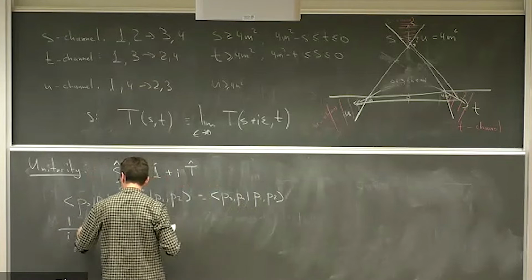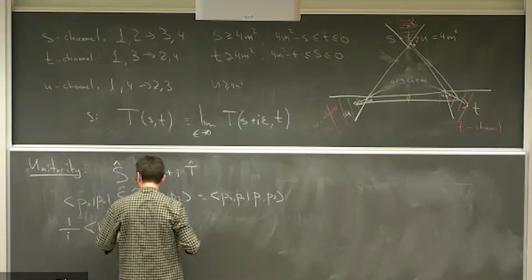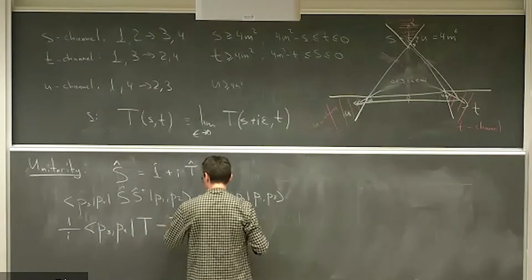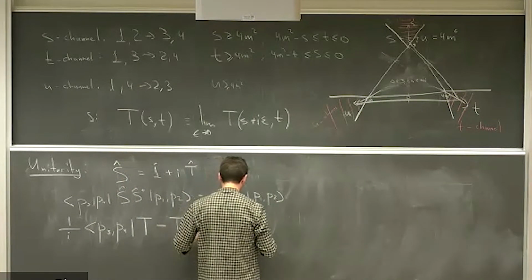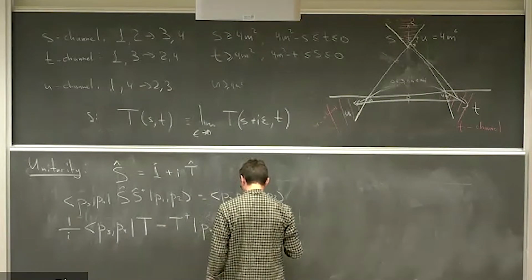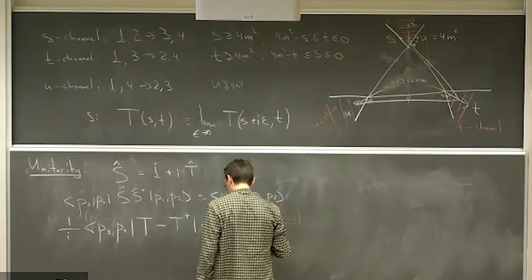Let me write it again, just to be very precise: i(T minus T dagger).